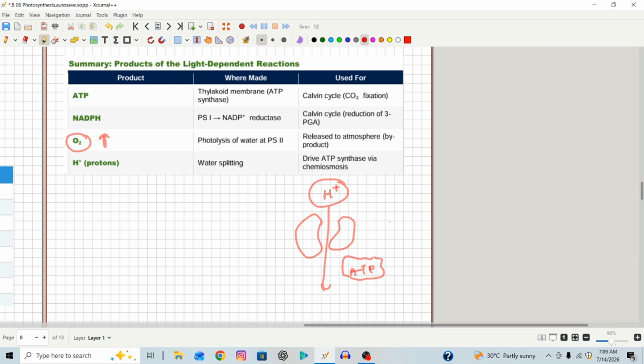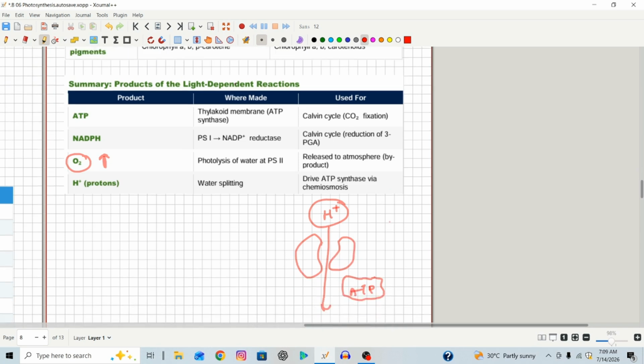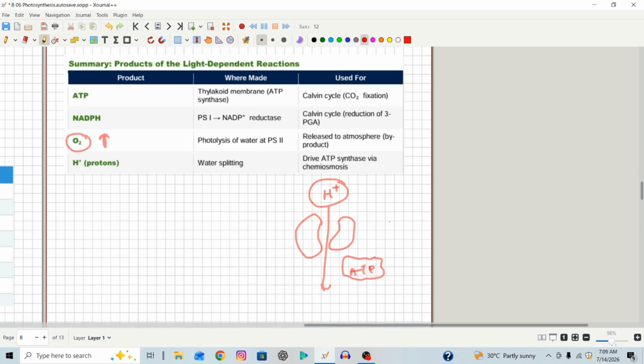And that's how it also happens in the light dependent reaction in plants. So the H positive proton gradient also helps plants to make ATP. This process happens in plants and also in animals.